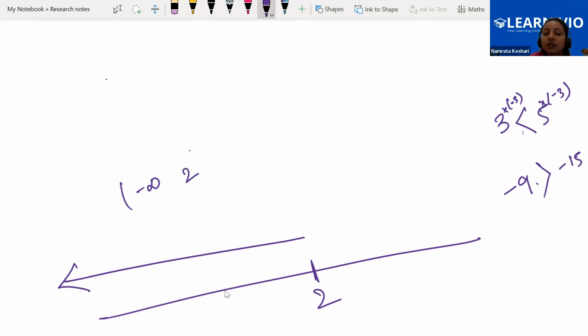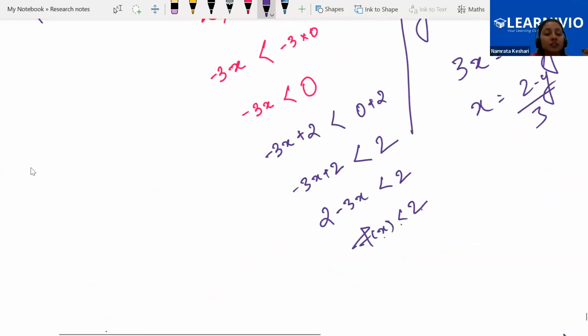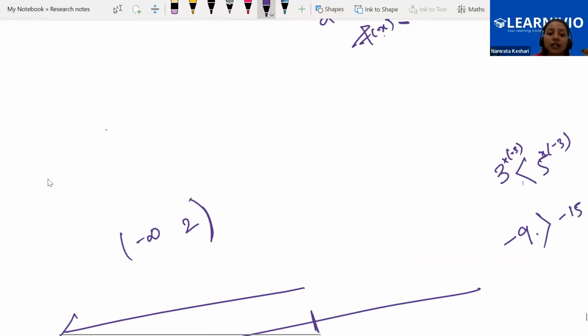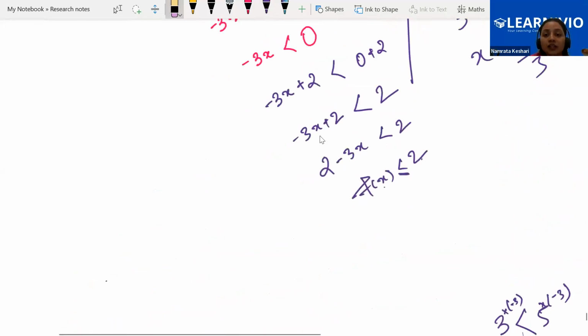Closed interval or open interval? Open, because it is smaller than 2. If the equals sign were there, then we would take the closed interval. Since only the smaller than sign is there, it will be an open interval.